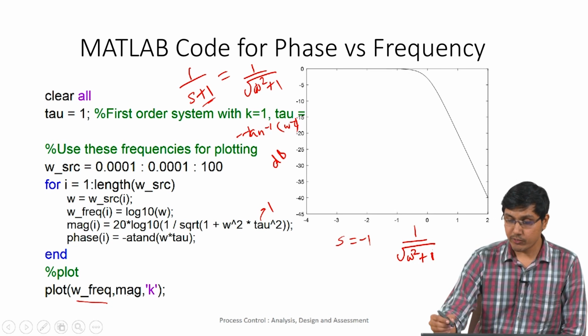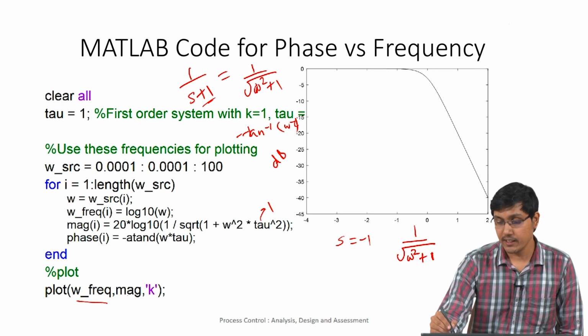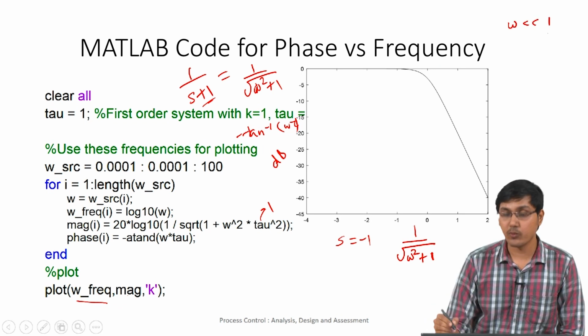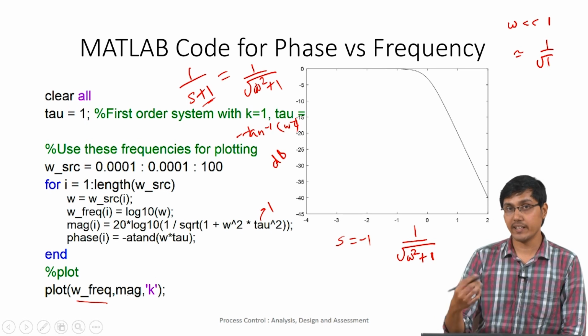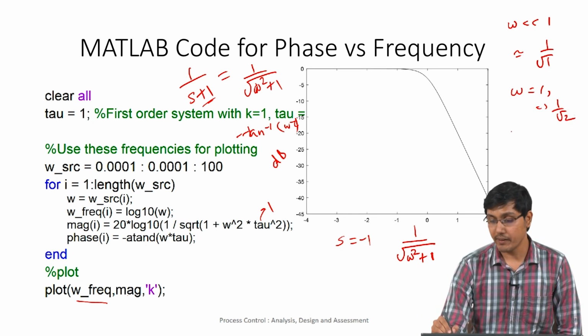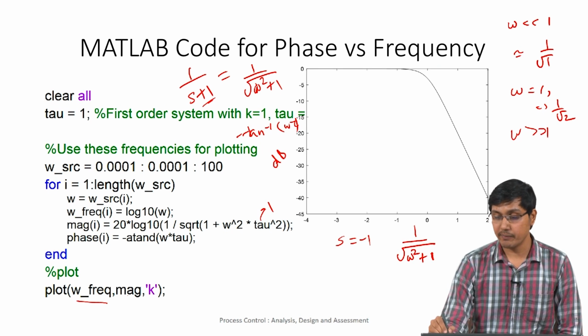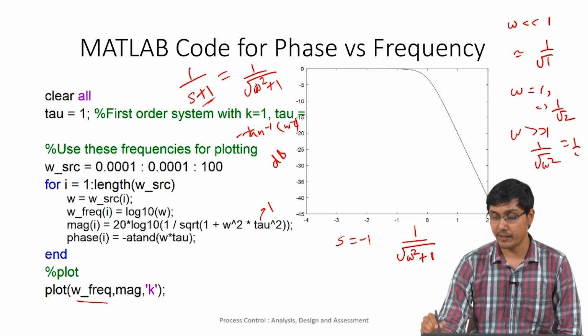If you substitute values of omega, when omega is much less than 1, this term is approximately 1 by root 1, because we can ignore omega square. When omega equals 1, this term becomes 1 by root 2, and when omega is greater than 1, it becomes approximately 1 by root omega square, which is nothing but 1 by omega.